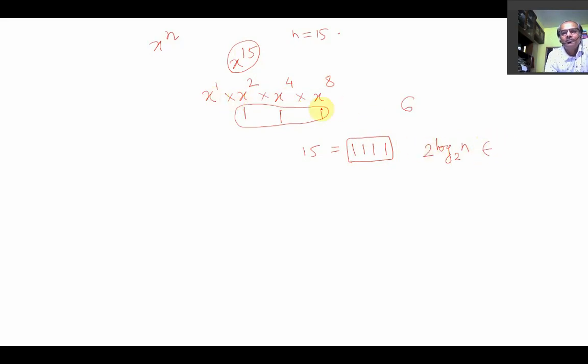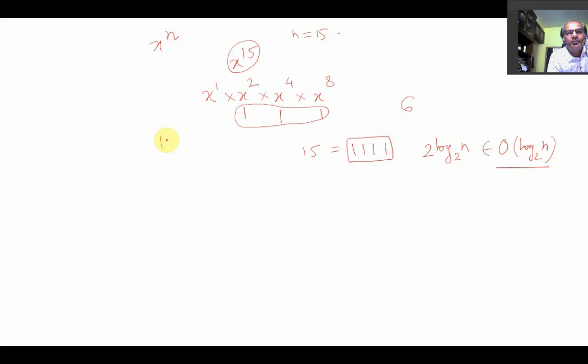That is because after finding all those x powers, you have to multiply them. So log n times are needed for finding the powers, and another log n for finding x power 15, that is x power n. So it belongs to order of log n base 2. That is the best known upper bound for this.